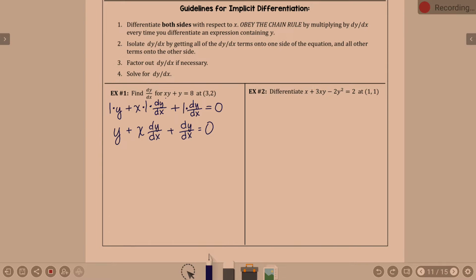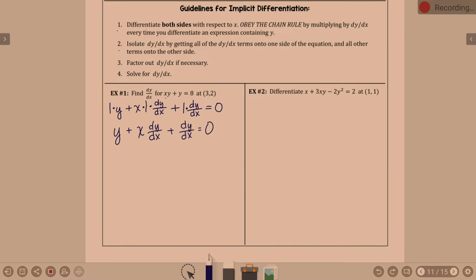Could you have gone straight to this step? Yes, as you get better at this, you can. I just didn't dare do that on step 1. So that is step 1: differentiate both sides with respect to x. Step 2: isolate dy/dx by getting all the dy/dx terms onto one side, everybody else on the other side.